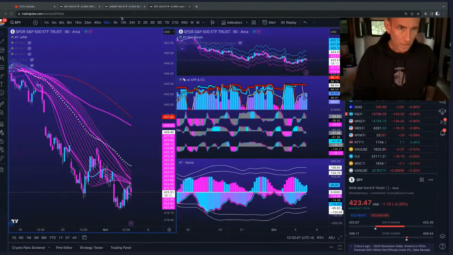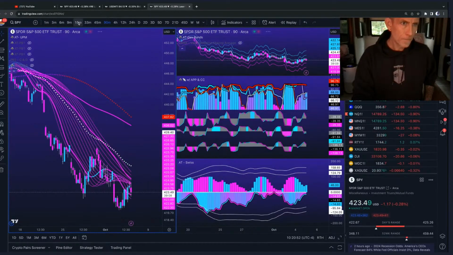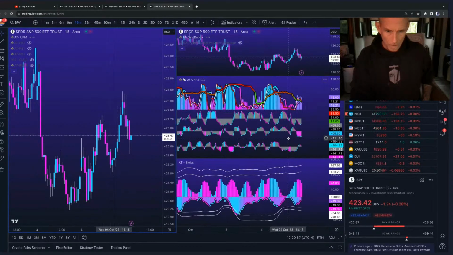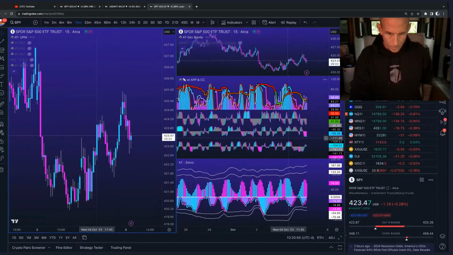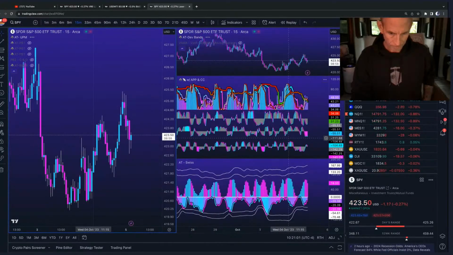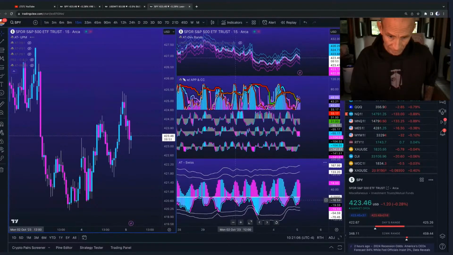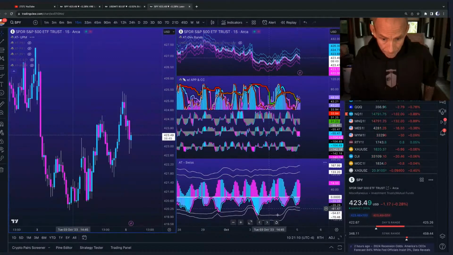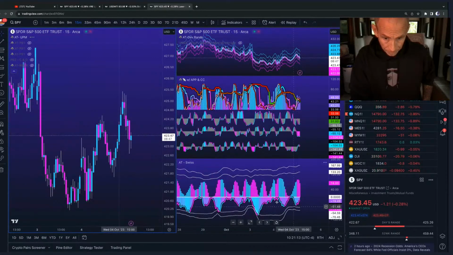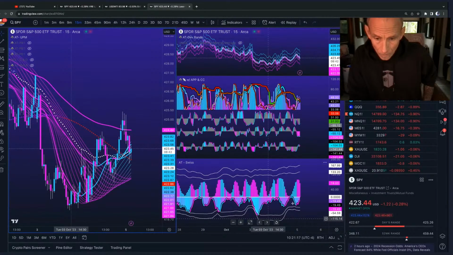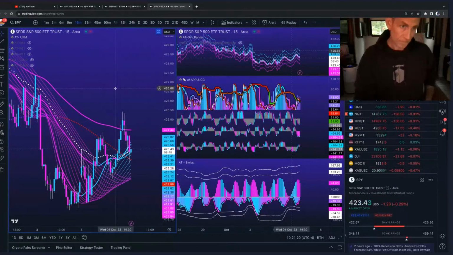Let's see here. It's a 90-minute, 4 hour. Go over here on the 15. It depends on what time frame you're looking at, man. There's a trend every day on the 15, whether it be top side or bottom side. It's there. I'll be trading intraday on the low time frames.